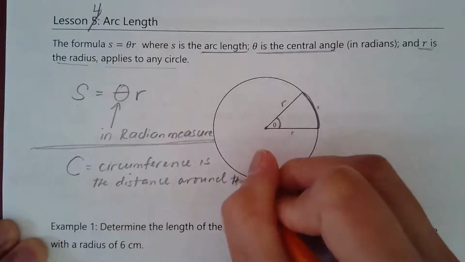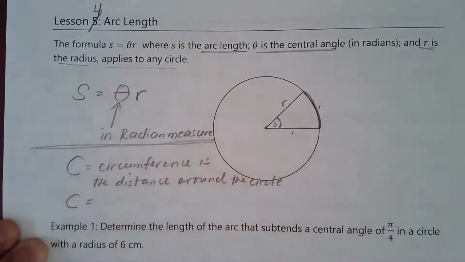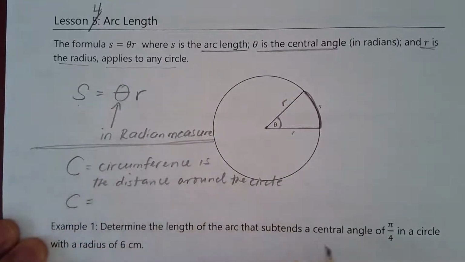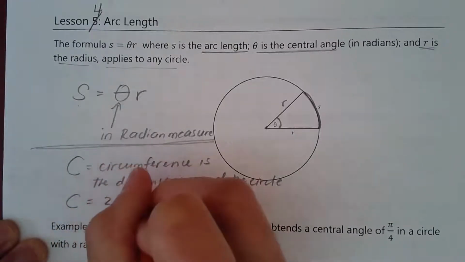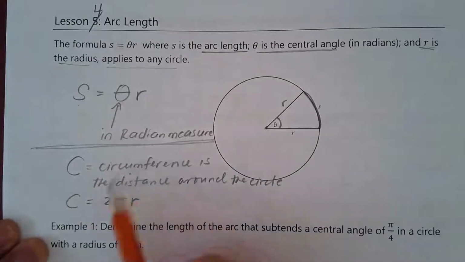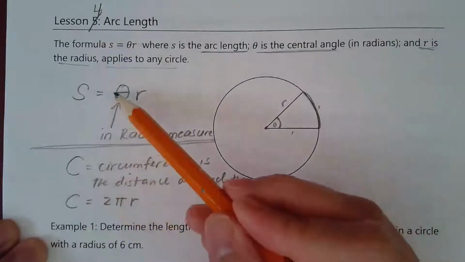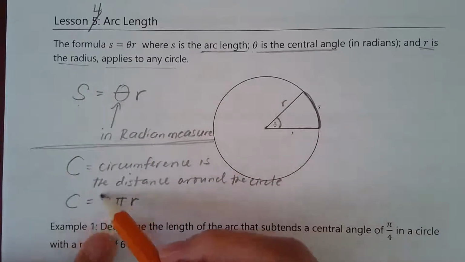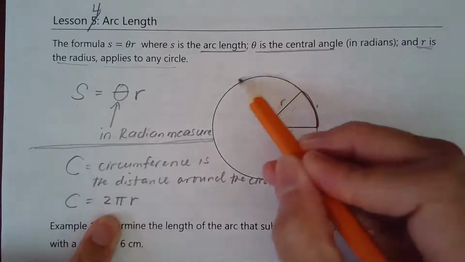If you look at the formula for the circumference of a circle, it's 2 pi times r. So 2 pi, that's the whole rotation.